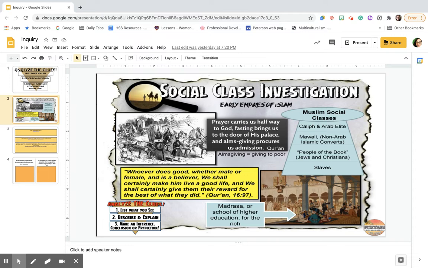It says, whoever does good, whether male or female, and is a believer, we shall certainly make him live a good life, and we will certainly give them their reward for the best of what they did. And then we can see the madrasa, or school of higher education for the rich. So when you closely look at all of the details here, and I just skimmed through this reading it to you, you'll have to spend some time thinking and connecting with the images.